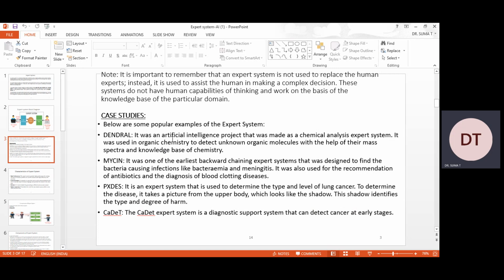These systems do not have human capabilities of thinking and work on the basis of the knowledge base of a particular domain. And we have some case studies based on expert systems. These case studies are Dendral, Mycin, PXDES, and CADET.